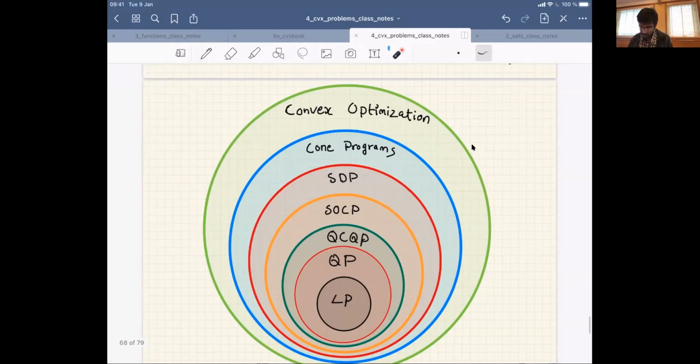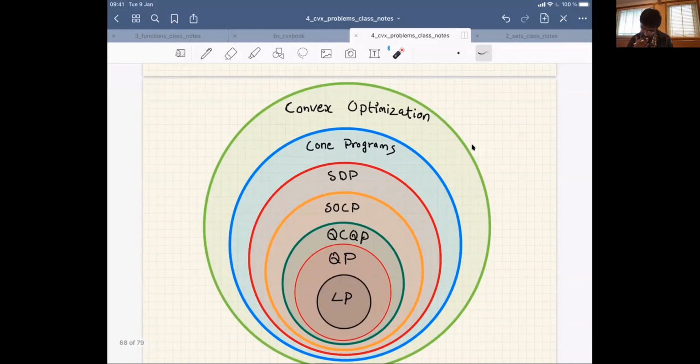So this is clear. One of the things that we can write here is that in cone programs, we were using any general cone K. In SDP, we were using which cone? S^n_+, right? What else did we see? In SOCP, this was a particular cone called the second order cone.